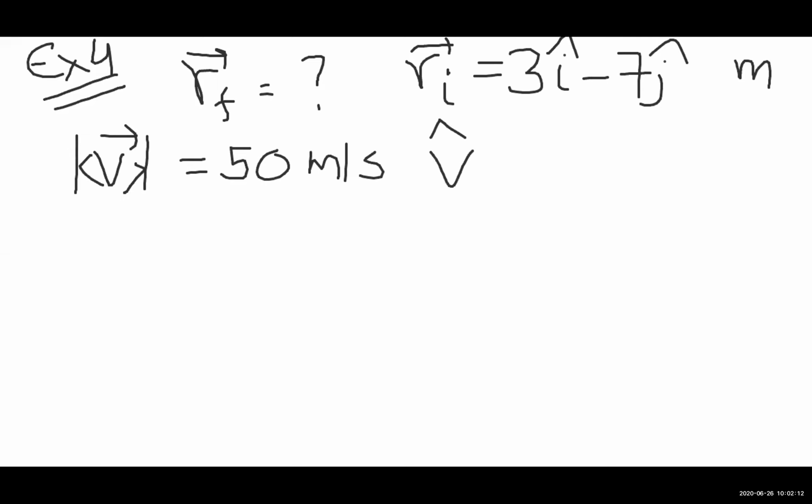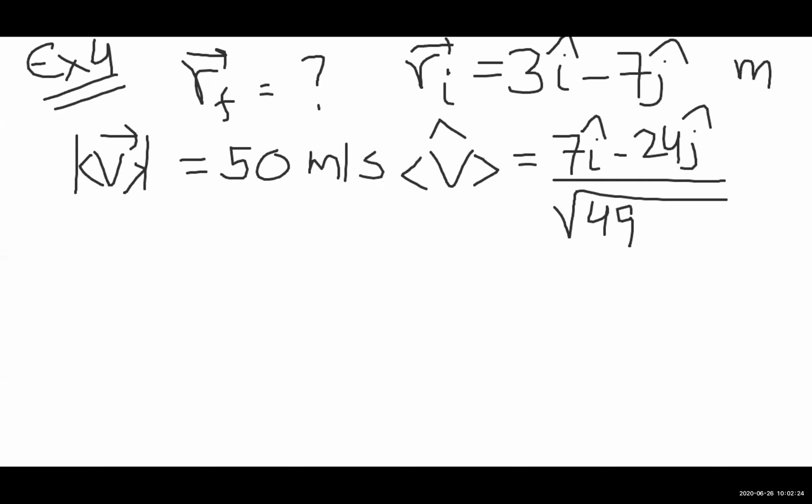And the direction of average velocity is given as 7 i cap minus 24 j cap divided by under root of 49 plus 24 square, which when we work it out should come out to be 25.